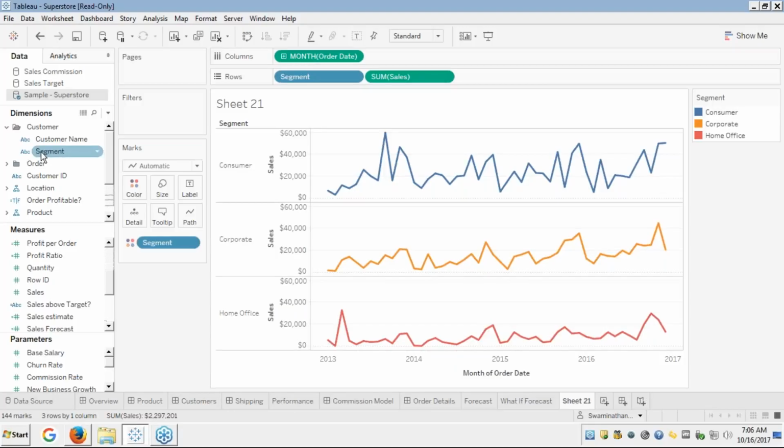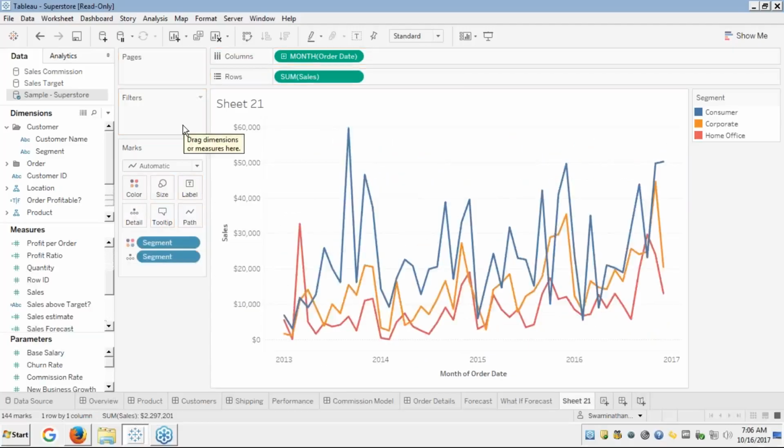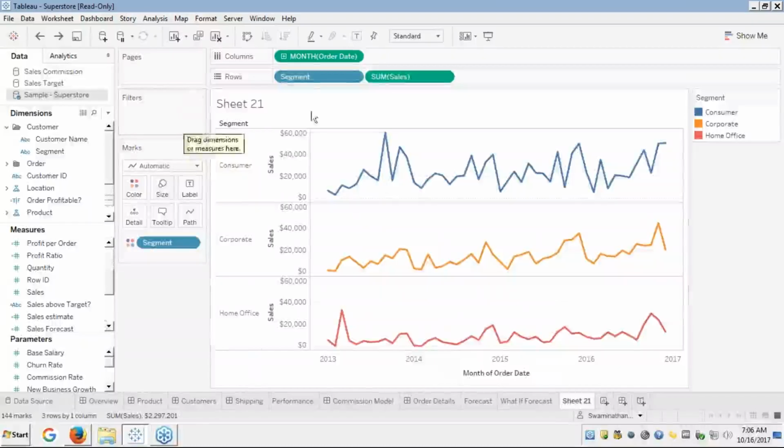Either I can take the segment from here, drag it and drop it in the color, or I can press my control key and then drag and drop it here. So there are two ways of doing the same thing. Press your control key, drag the segment, and drop it in color so that the color value comes over there. That is the other way of doing it.